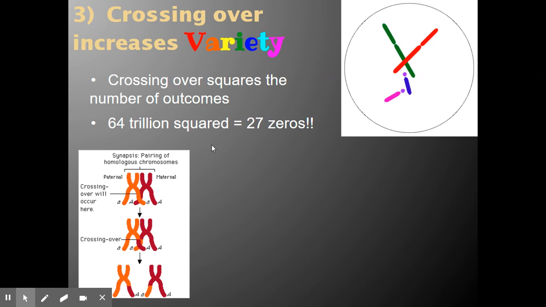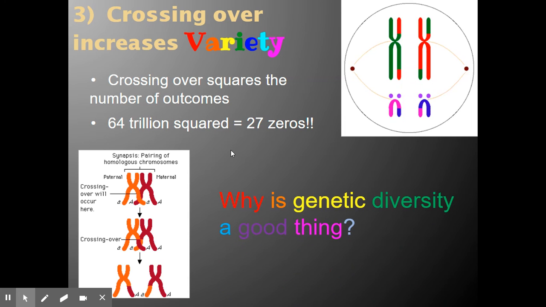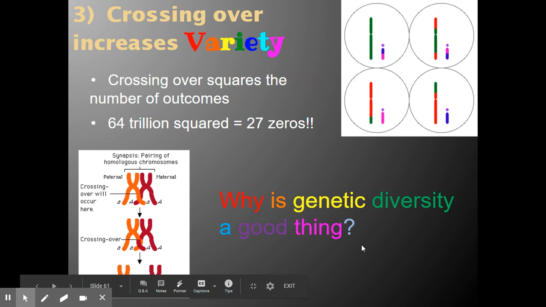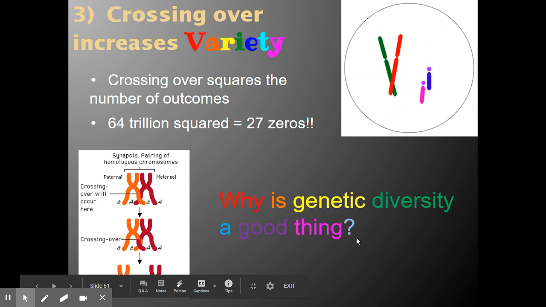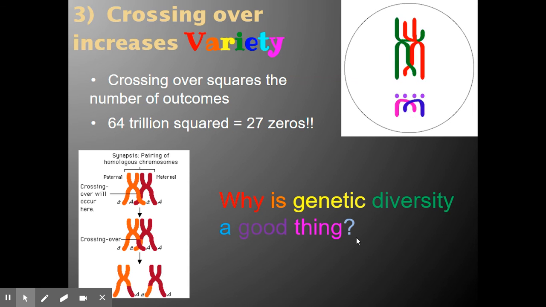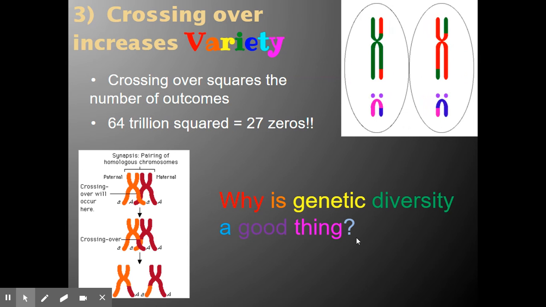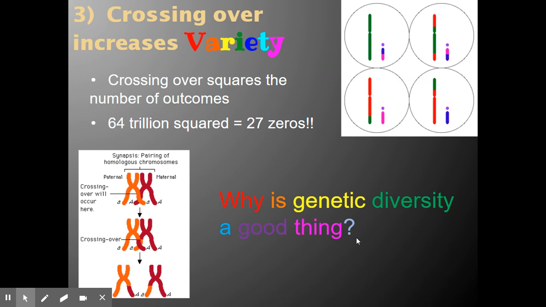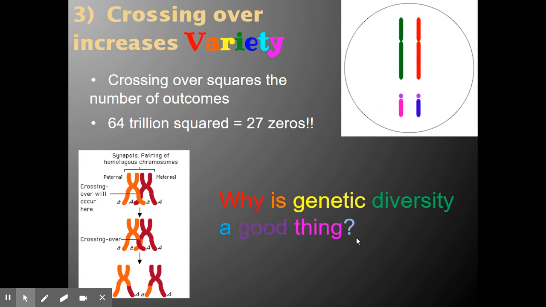That is a whole lot of variety, and this is a good thing. Why is it a good thing, though? Think about it for a second. Why is it a good thing that I look different or even have different traits than other people?